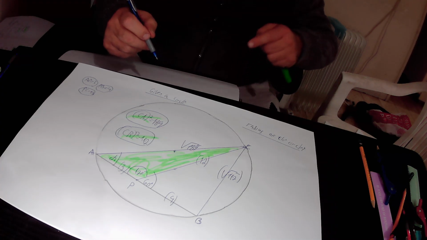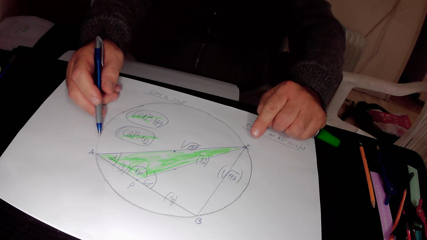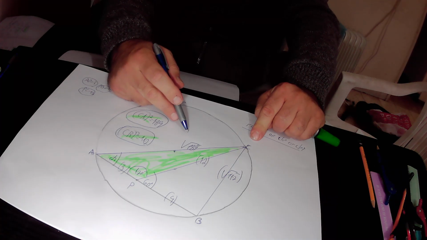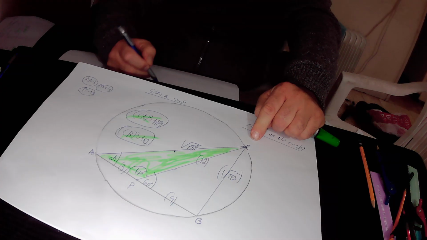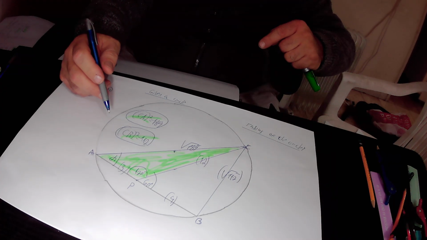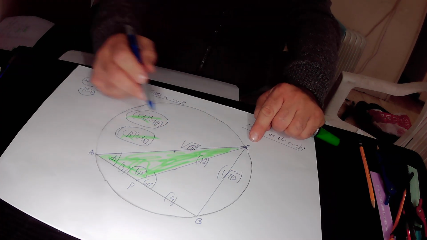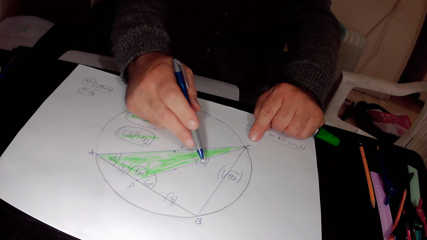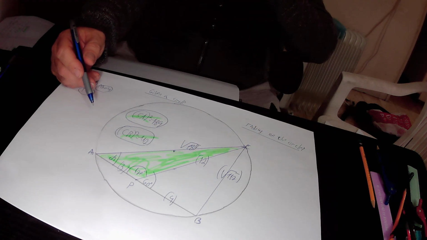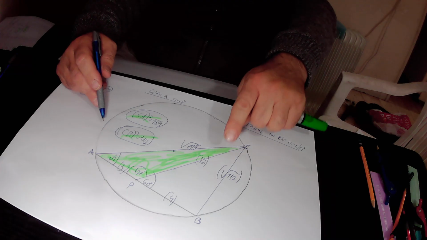Minus 2 times CA, CA is equal to the square root of 189, times AB, of course.